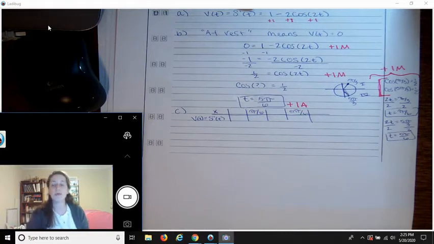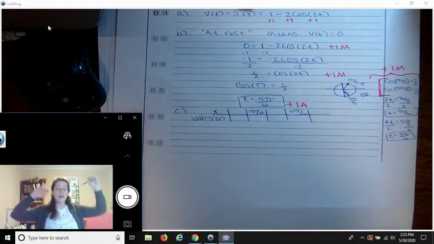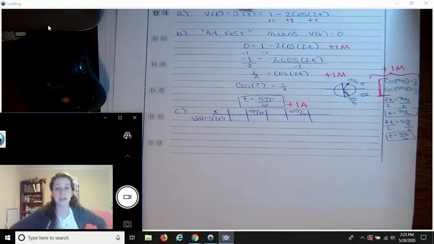And remember, with the second derivative test, if you get a positive value, it was up like a cup, which means it's a minimum. If you get a negative value, it was down like a frown, which means you have a maximum. So you're looking for a negative value, which is a little bit counterintuitive. But remember, up like a cup, down like a frown.